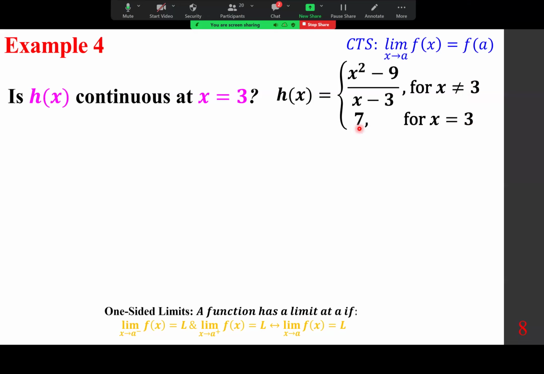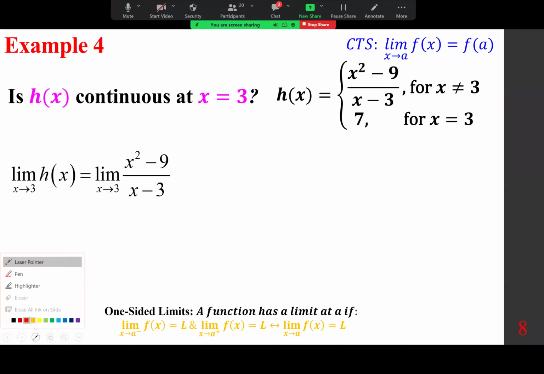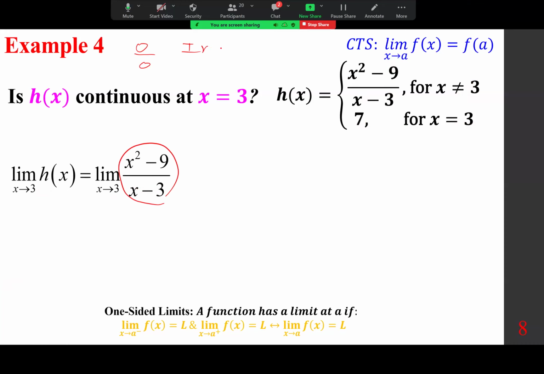But if you want to take a limit, you have to take a limit of this expression. And I hope you remember what you do. You just plug in, and obviously when you plug in, you get 0 over 0. And remember, 0 over 0 is called indeterminate. And I said indeterminate to me means more work. That means you use your algebraic techniques.